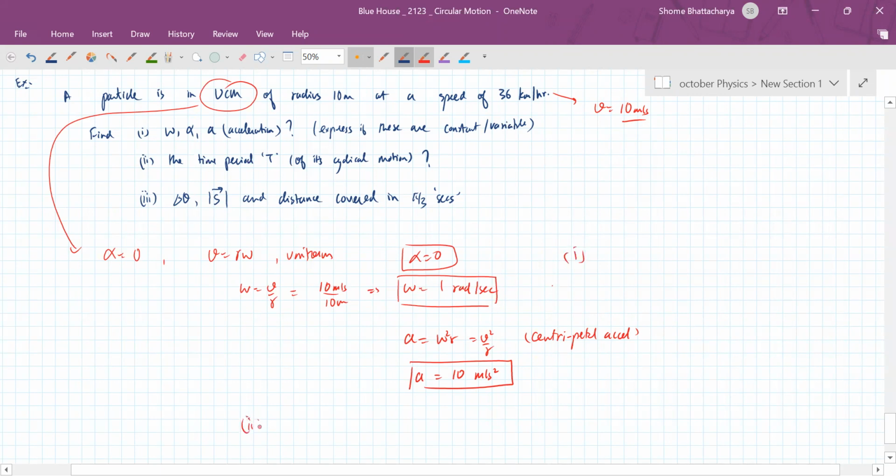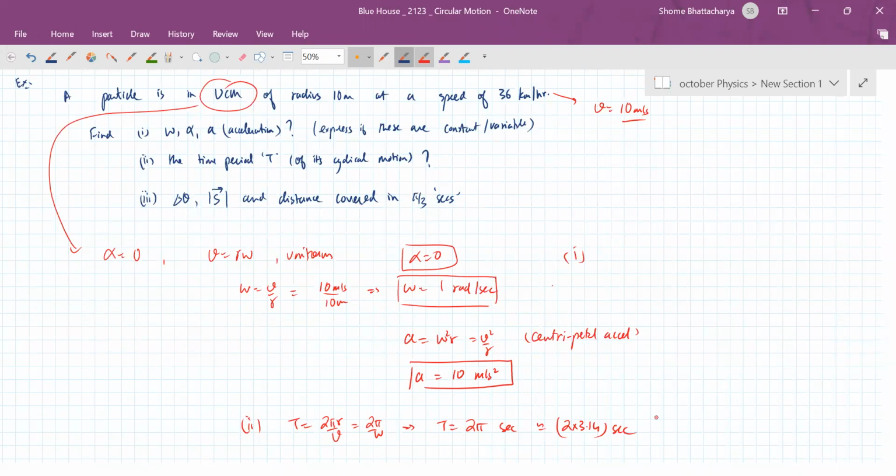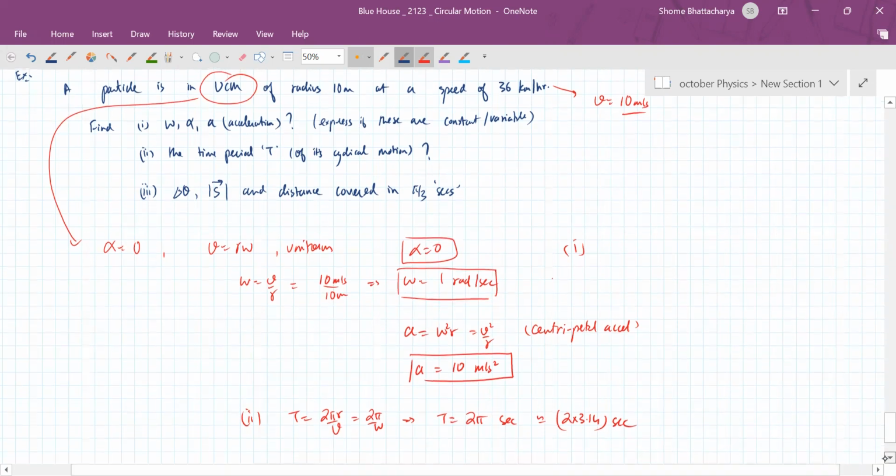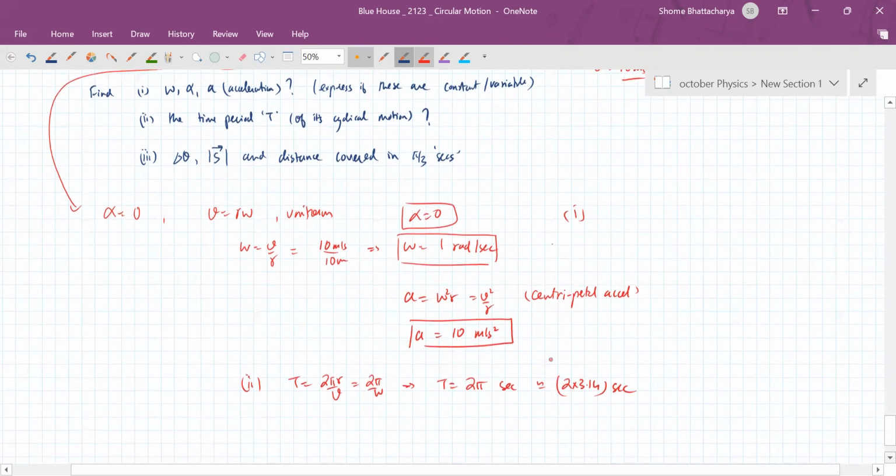For the second part, the time period is 2 pi seconds. Here, is acceleration variable or constant? Yes, acceleration is variable because the direction is changing. But the magnitude of acceleration is uniform.